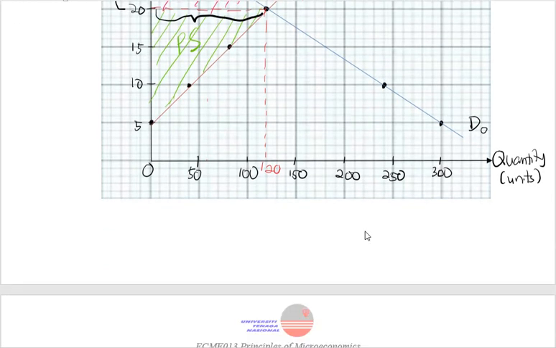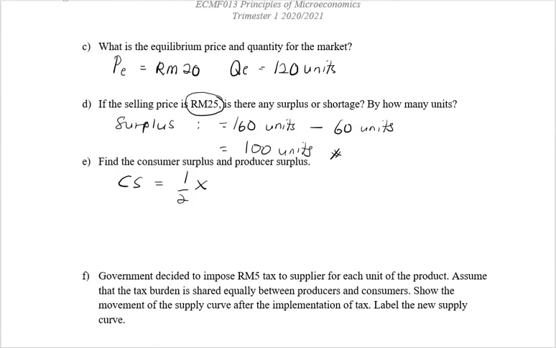Okay, so you do your calculation here. The height is 30 minus 20 and the base is 120. Okay, so when you calculate, what you are going to get is RM 600 of consumer surplus.